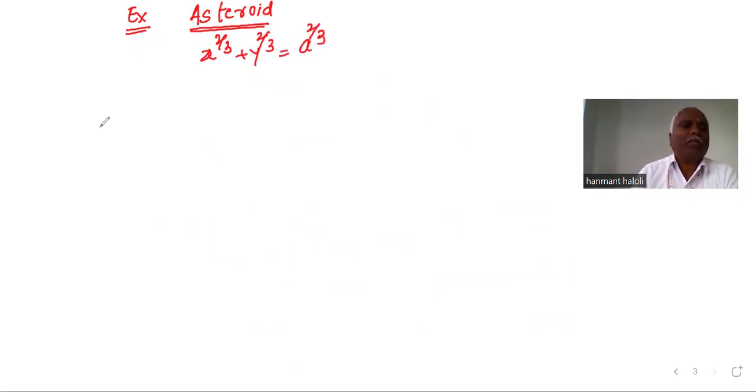This is the standard equation of the curve in Cartesian form. And this curve can also be written in parametric form, that is, x equal to a cos cube theta or cos cube t, and y equal to a sin cube t or sin cube theta.